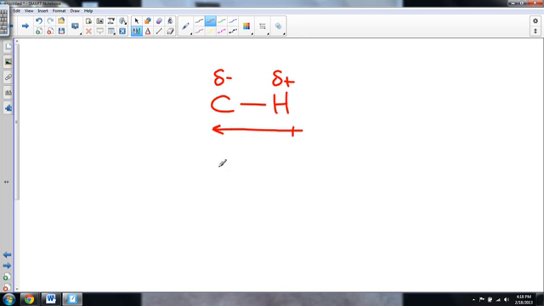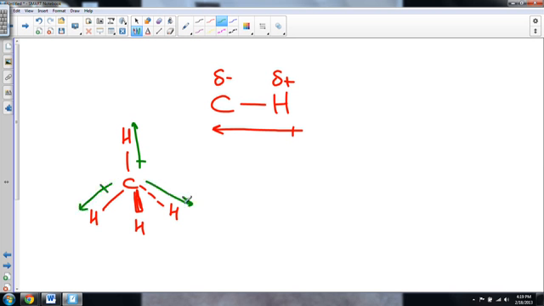Anyway, when you take something like this, I'm going to draw out something tetrahedral, and I'm going to put on these bonds H, H, H, and H. And you put on all those dipole arrows. This is a dipole arrow. It doesn't matter whether the dipole arrows all point out or point in. For simplicity, I'm just going to draw them pointing out. If I drew them pointing in, it would be exactly the same thing. The point is that all these dipole arrows essentially cancel each other out.